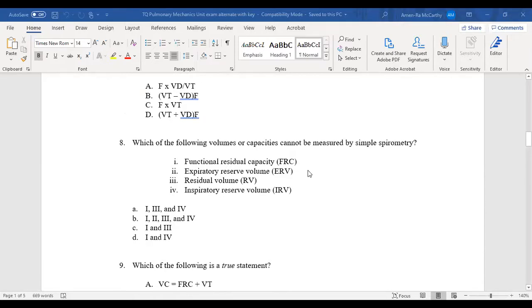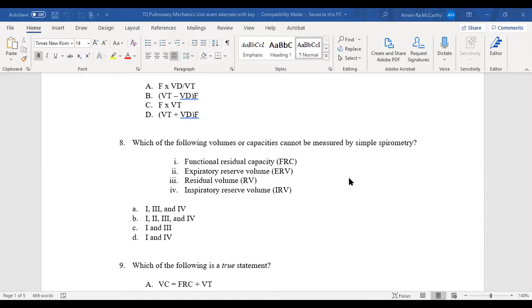Number 8. Which of the following volumes or capacities cannot be measured by simple spirometry? Good, Kayla. Good, good, everybody. C, 1 and 3. Simple spirometry, guys, is something I could do at the bedside.